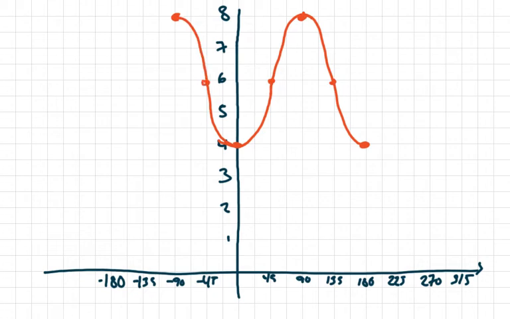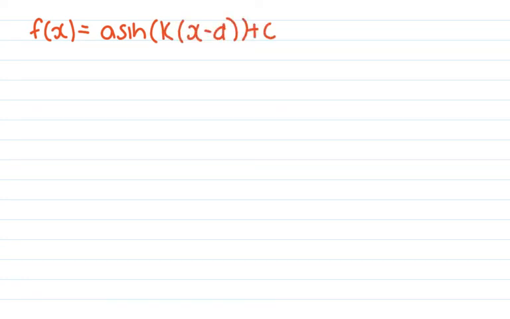All right. Now we need to create an equation for this curve. So we can either use sine or cos. So I'm going to show you how to do both so that you know. So if we choose sine, underneath the graph on the left side, f of x equals a sine bracket k bracket x minus d plus c.